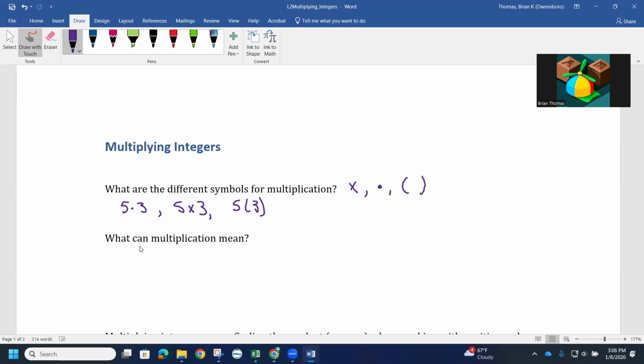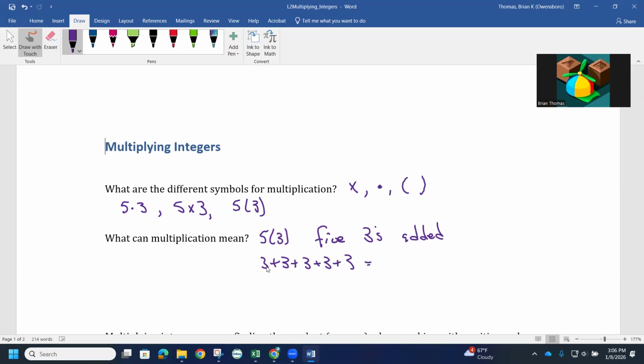Now, what can multiplication mean? Well, 5 times 3 can mean 5 threes added together. So 5 times 3 could mean 3 plus 3 plus 3 plus 3 plus 3. 1, 2, 3, 4, 5.